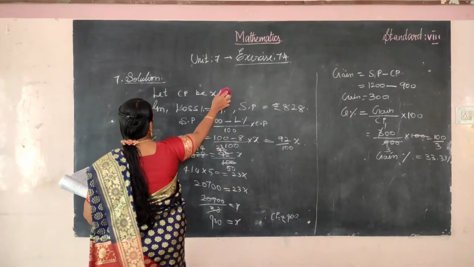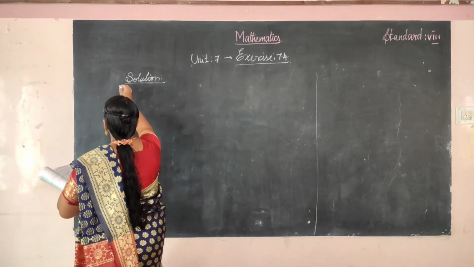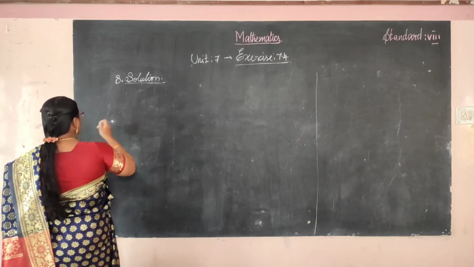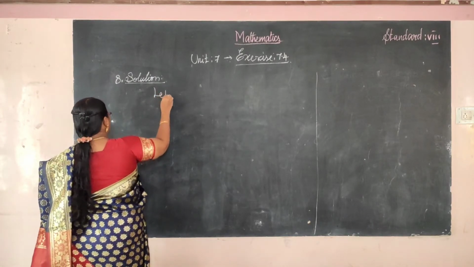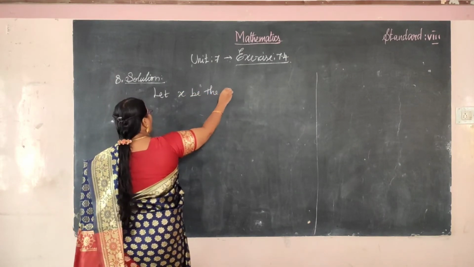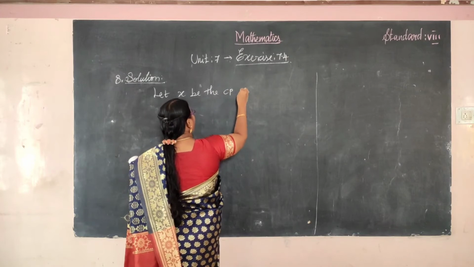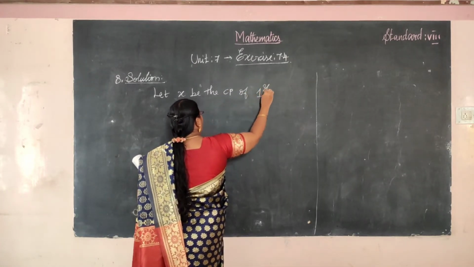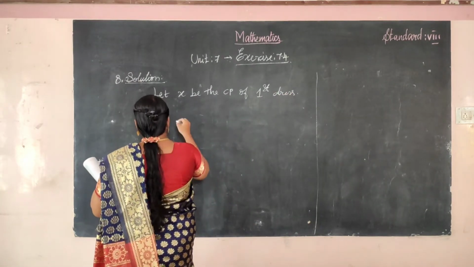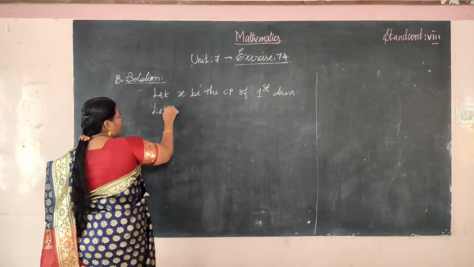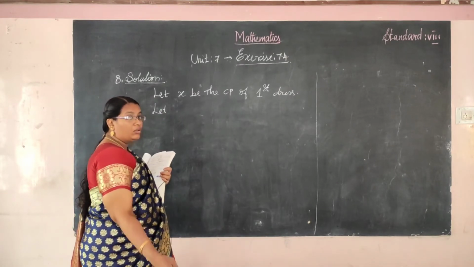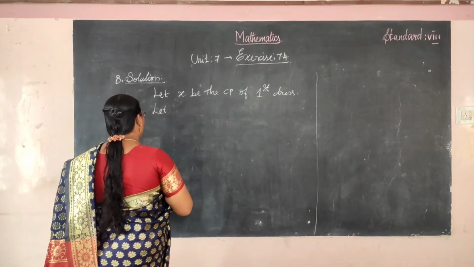You have to find out the cost price. Okay, 8th problem. Let x be the cost price of the first dress. Okay, first dress. And the second one, already we have seen in the example problem of 2 laptops, the same method we are doing here.